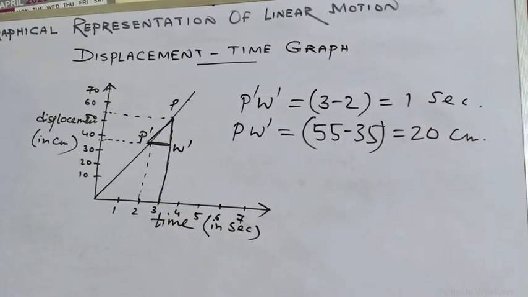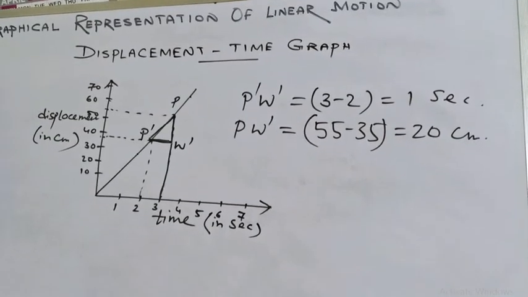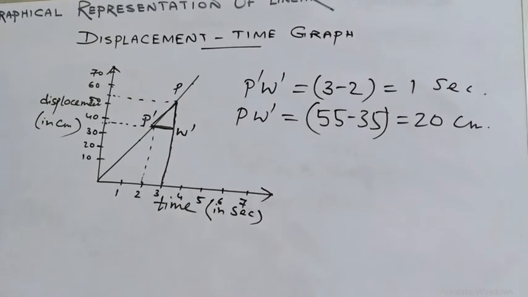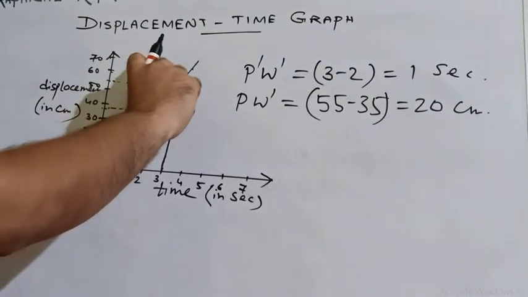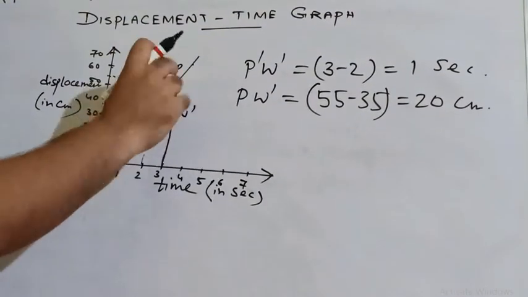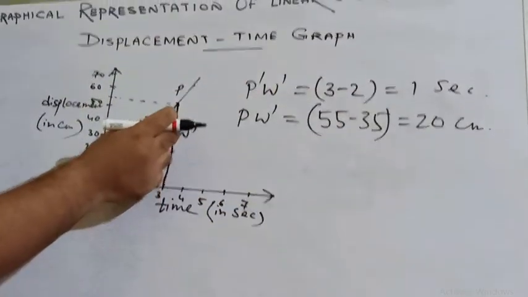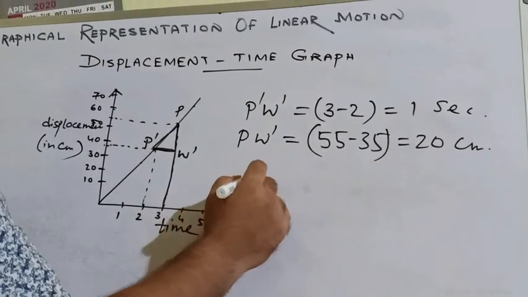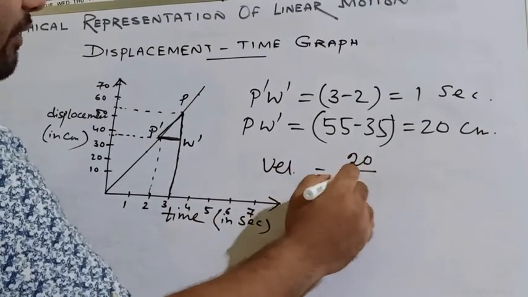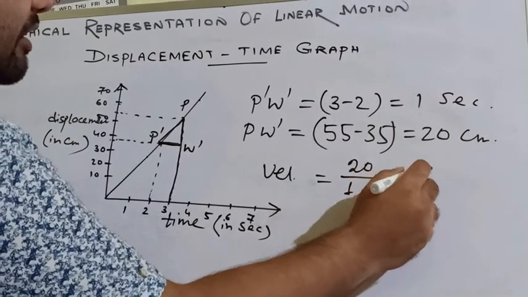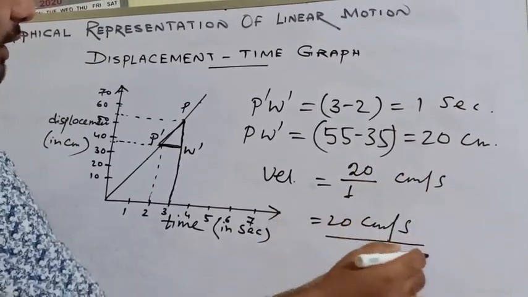The velocity is the ratio of displacement and time, so I have to calculate the slope. It will be displacement divided by time. The displacement here, P W dot, is equal to 20. Time here is 1. So the velocity here is equal to 20 divided by 1 centimeter per second. So we got 20 centimeter per second.